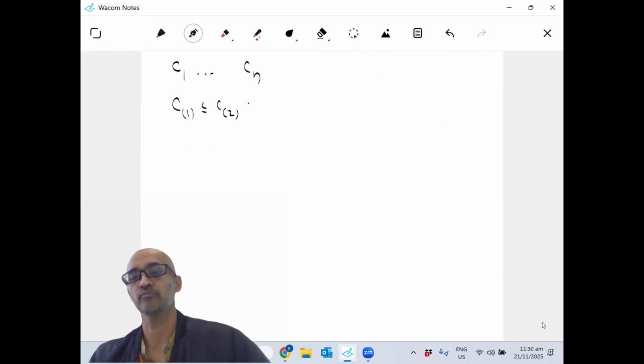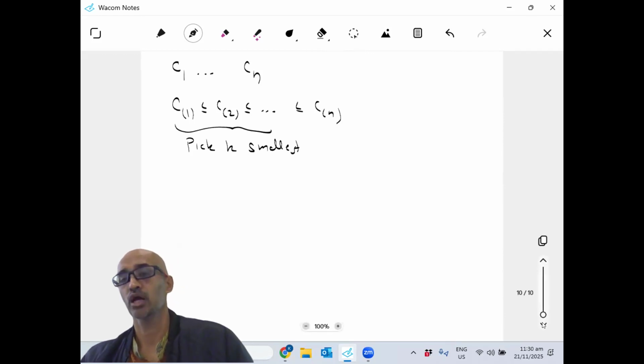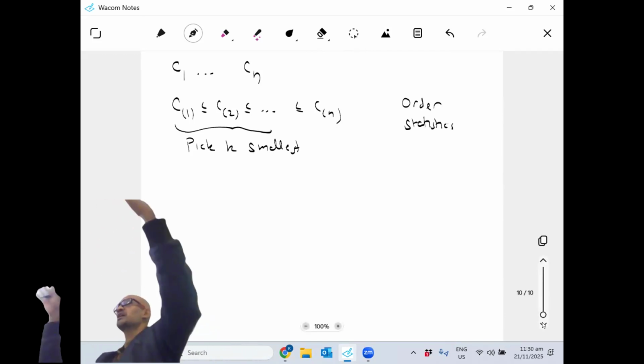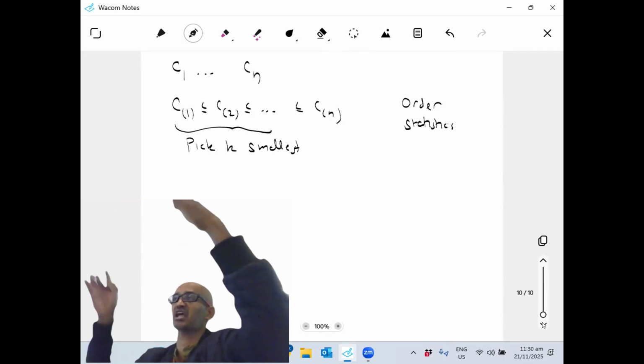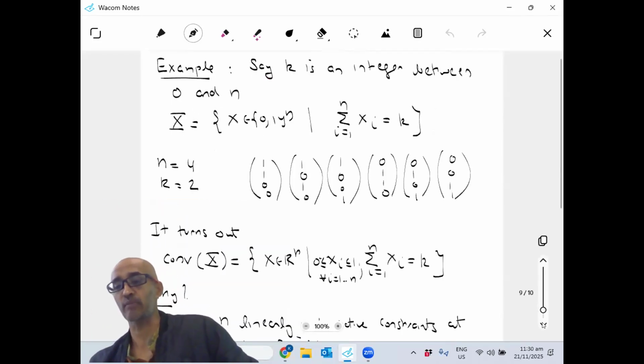and pick the k smallest. Okay. So this is a problem in what is called order statistics. If I give you n numbers and ask you to pick the k smallest or the k largest numbers, you can write that as a linear programming problem.